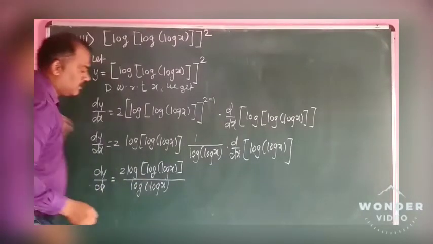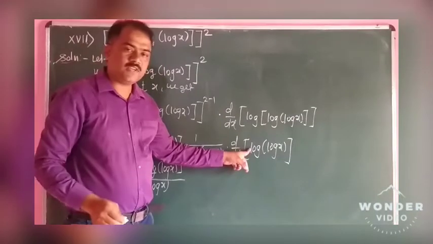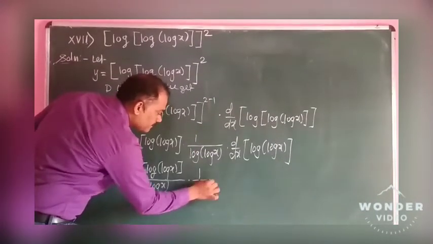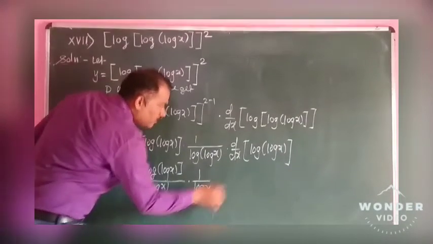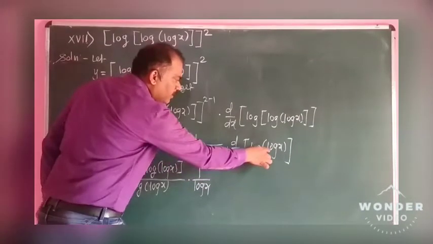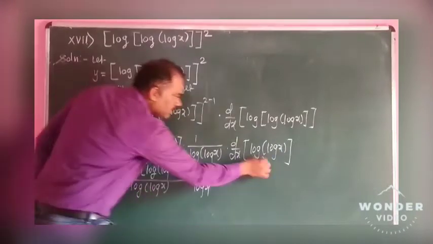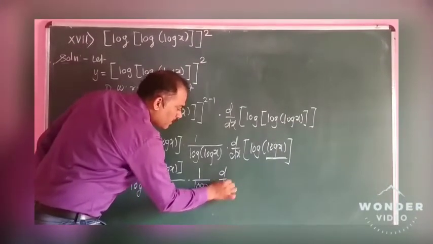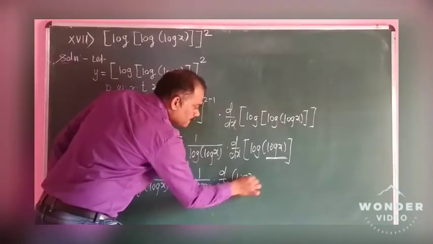log x into, now we have to take the derivative of this log. What is the derivative of this log? 1 upon log x. After that, we have to take the derivative of this log x, that is into d dx of log x.